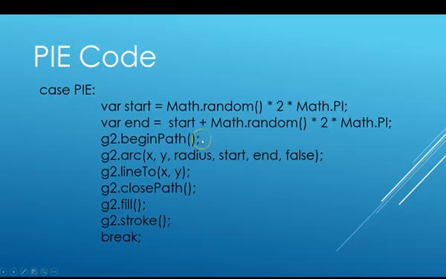And so what we do here is we use the begin path and the close path. When you use close path, it joins the very last point that you drew to the very first point that you started when you began the path.